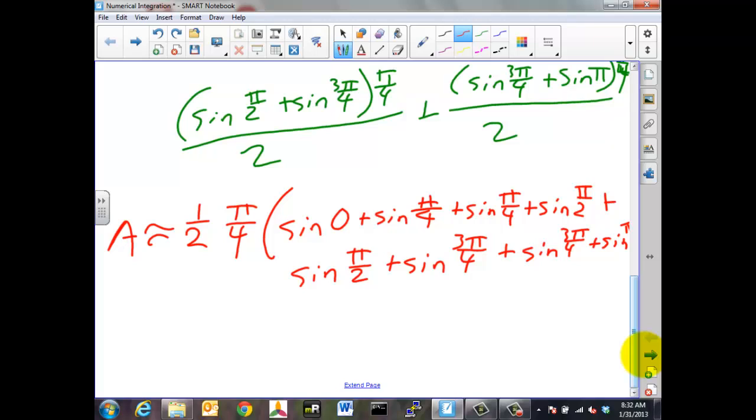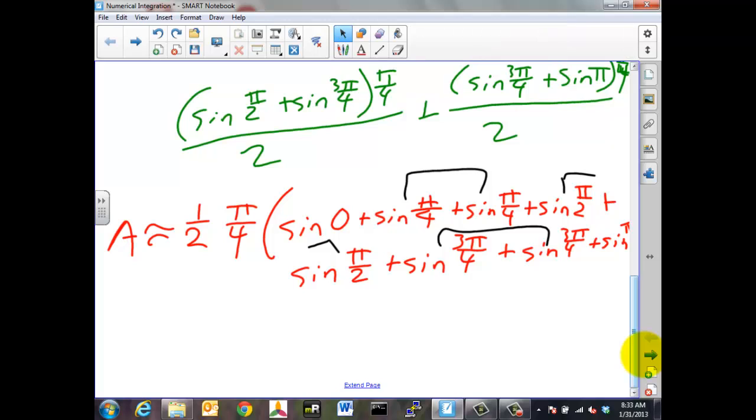Oh, well, they're next to each other, so you can make like two sines. All right? And yes, now we've got some like terms in here. So you're right. We can clean this up a little bit more.